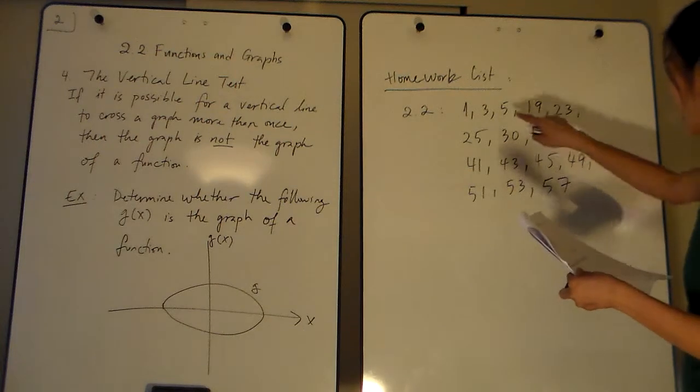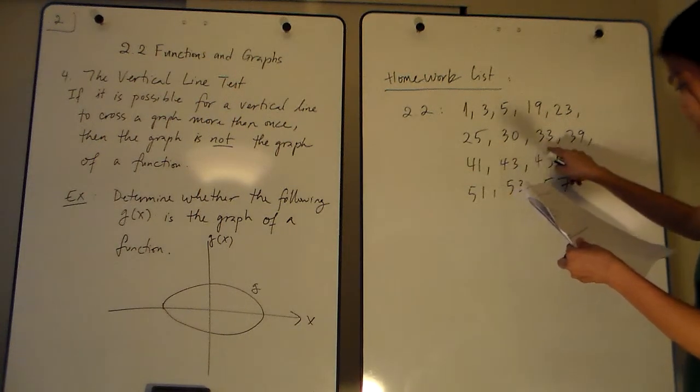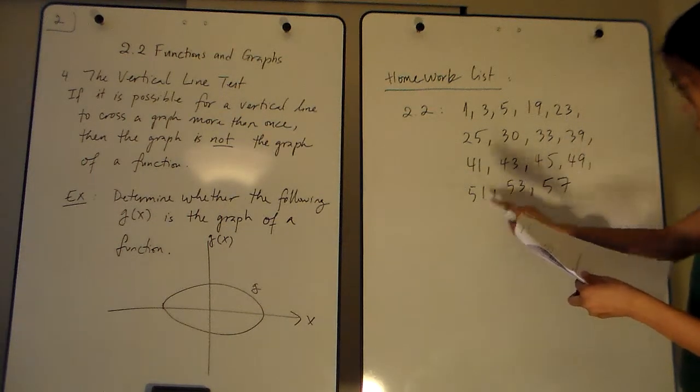So 1, 3, 5, 19, 23, 25, 30, 33, 39, 41, 43, 45, 49, 51, 53, 57.